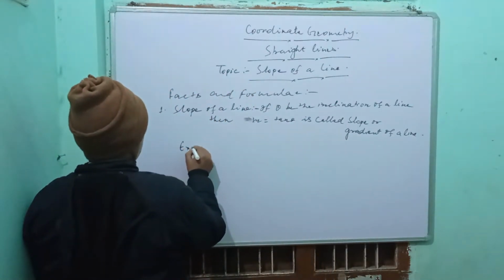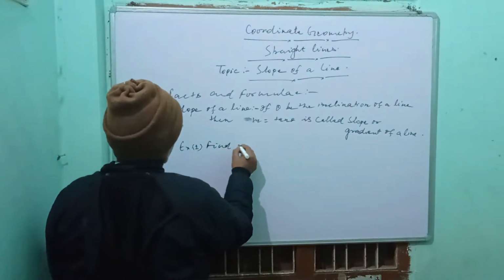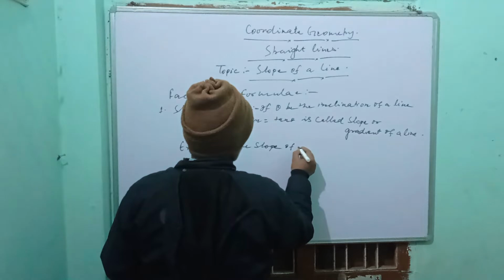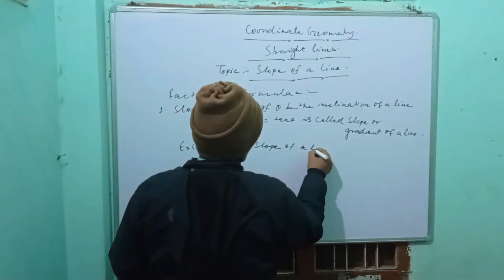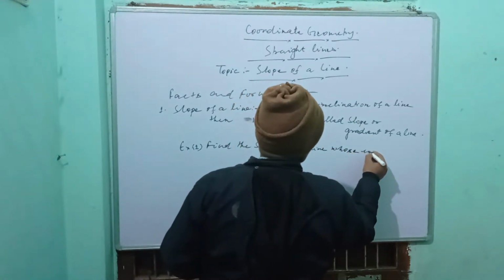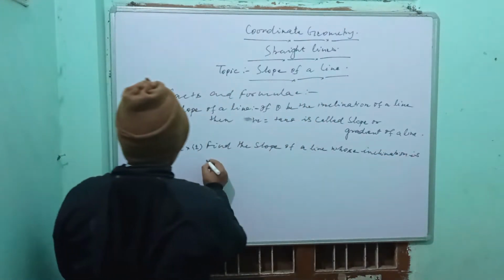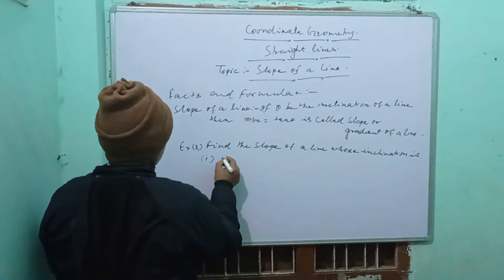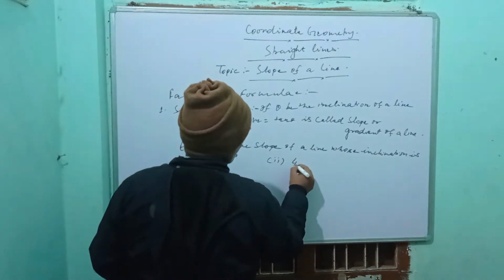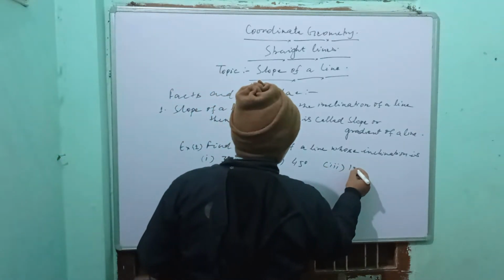Example: find the slope of a line whose inclination is 30 degree, 45 degree, and the third is 150 degree.